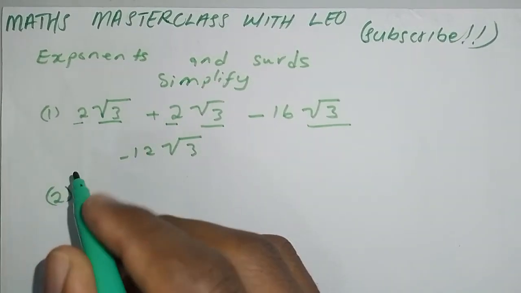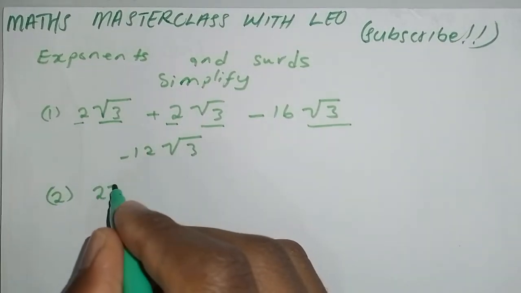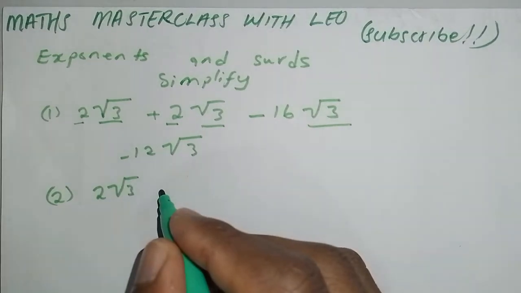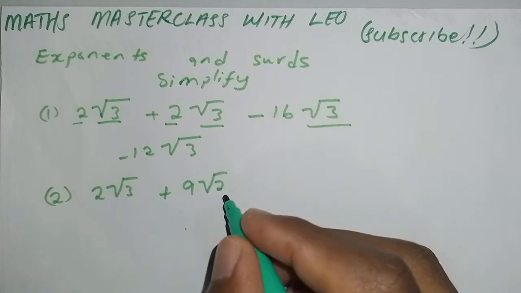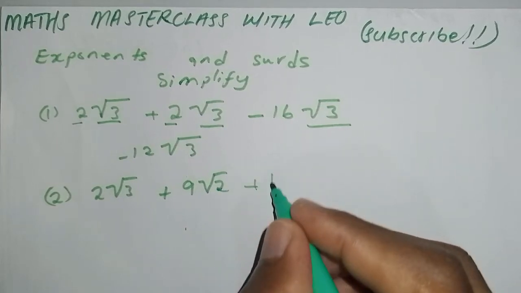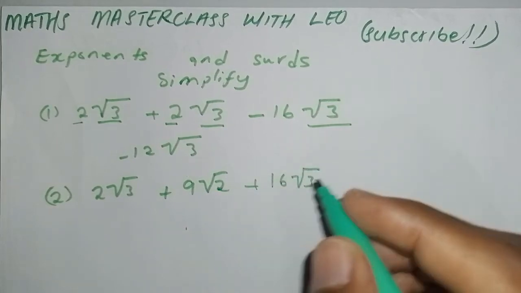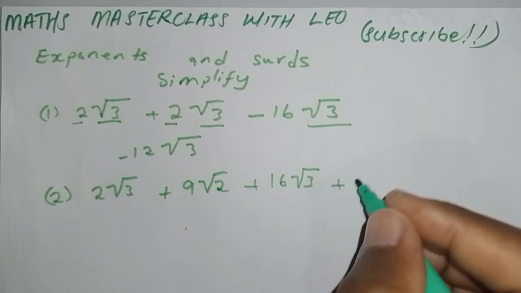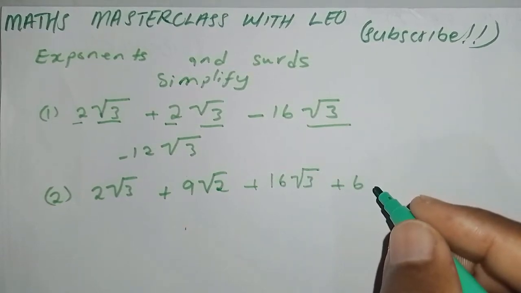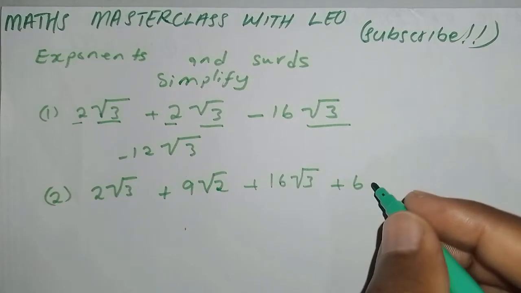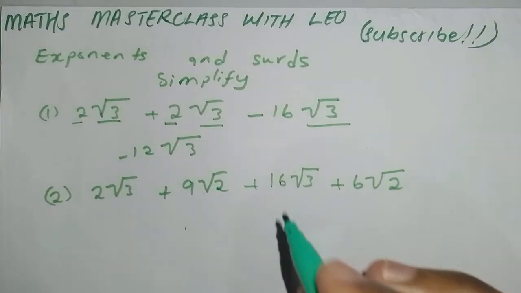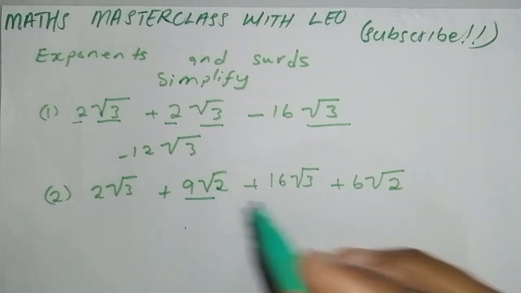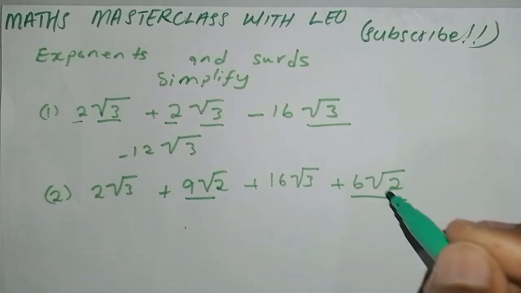Okay, now let's do the second question. The second question says you have 2 root 3 plus 9 root 2 plus 16 root 3 plus 6 root 2. If you check here, they also say simplify, but you have this one and this one are like terms. Why do I say they are like terms?